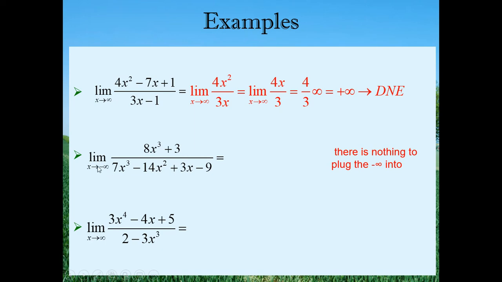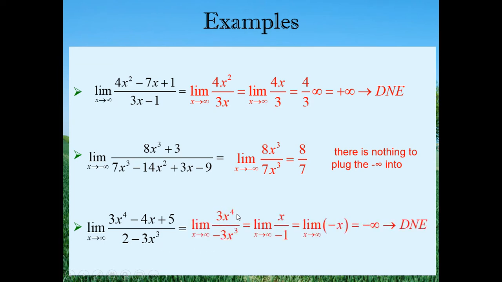Let's look at this one. Here I've got the limit as x approaches negative infinity of 8x cubed plus 3 over 7x cubed minus 14x squared plus 3x minus 9. Well, we're just going to look at the highest power. That cancels out, and it's simply the constant 8/7. Here I've got the higher power in the numerator.